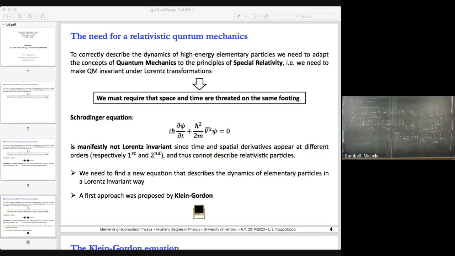Now we take the square of this, so we're going to have E squared is equal to p squared c squared plus m squared c to the fourth. We multiply by 1 over c squared. So we have 1 over c squared E squared is equal to p squared plus m squared c squared.